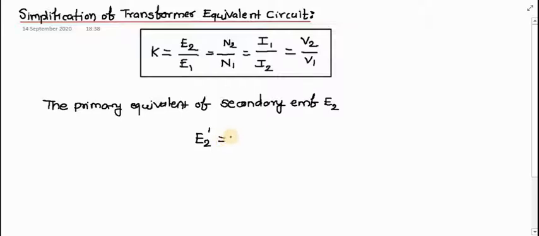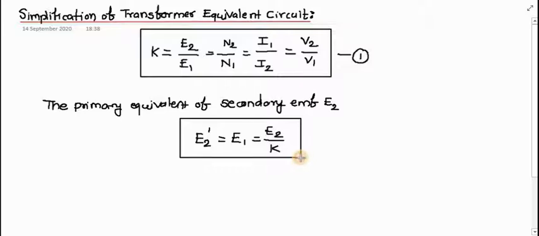That is equal to E1, which equals E2 by K, simply from equation number 1. So the primary equivalent of the secondary EMF E2 is E2 dash equals E1 equals E2 by K. Let this be equation number 2, right?